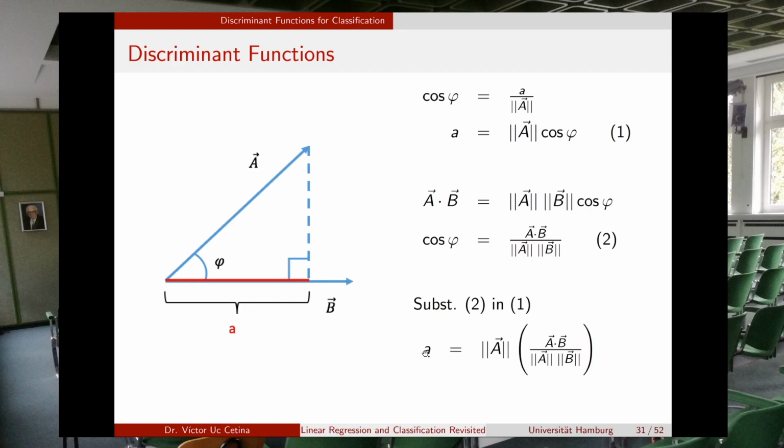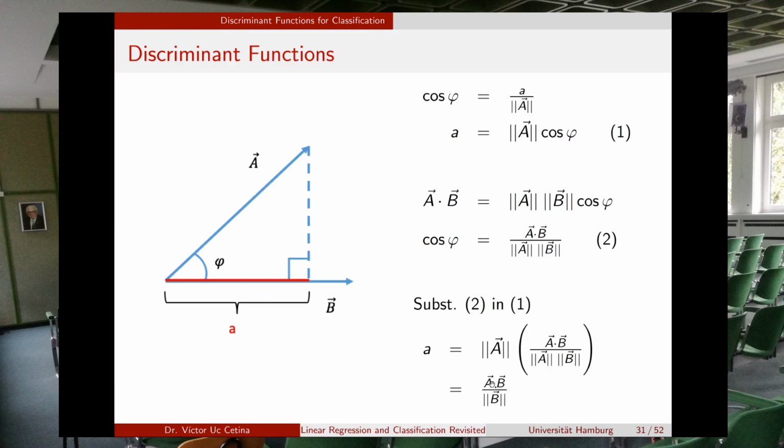We see that a, this segment of line here, equals vector A times this expression, and when we multiply it, we can divide the magnitude of A by itself, so it becomes 1, and in the end we have this expression.